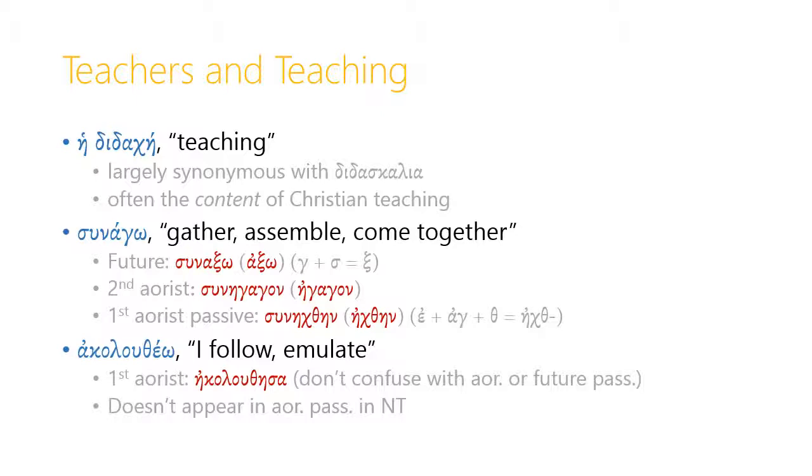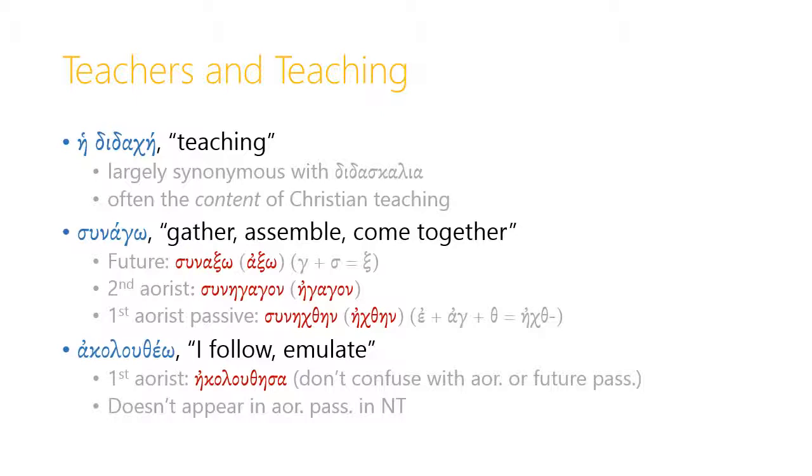The first aorist of akolutheo is fairly predictable for an epsilon contract verb. All we have to remember is that epsilon in front of the ending lengthens to an eta. So instead of ekolutheesa, we have ekoluthesa.